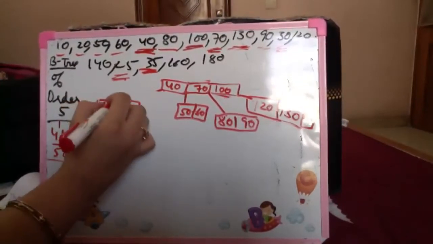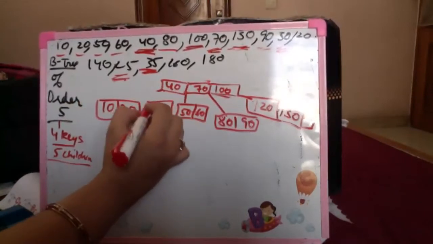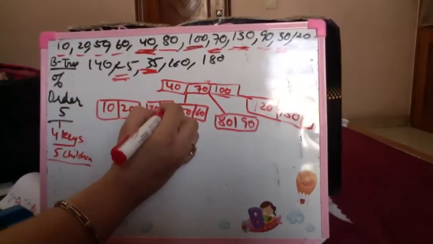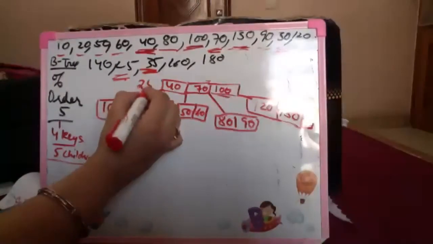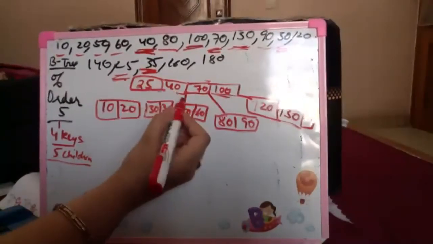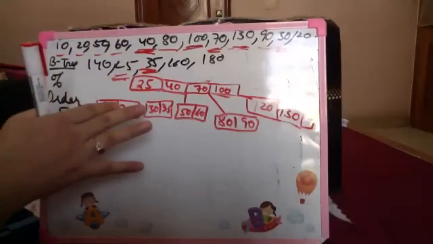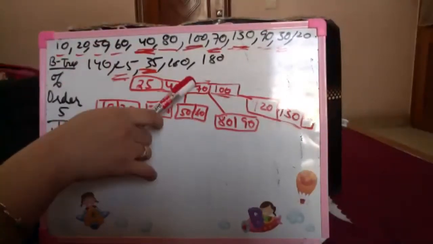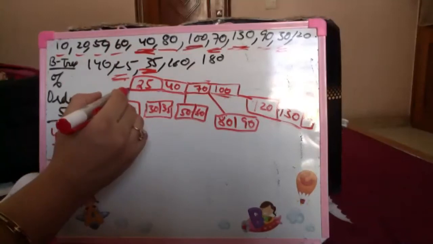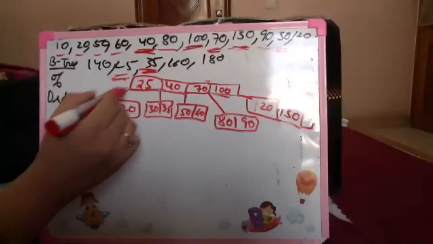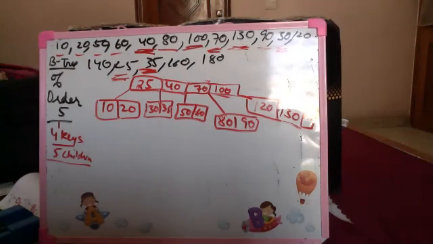The other node is having a 30 and a 35. And I have split them around a value 25, which is still accommodable in the parent, which now reaches 4 keys. In case again some child is split, the parent will have to be split also. So again, the children become left and right of the median in the parent node. Okay, the median goes to the parent.